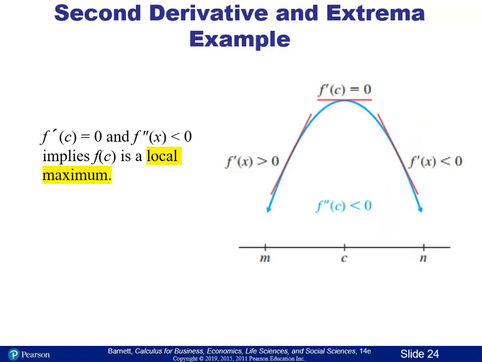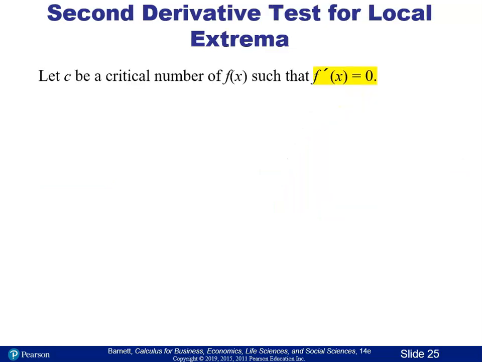If we turn this around and I have, again, the first derivative equal to 0, but this time the second derivative is negative, then it's concave down, and that means this would have to be a maximum that's occurring there.